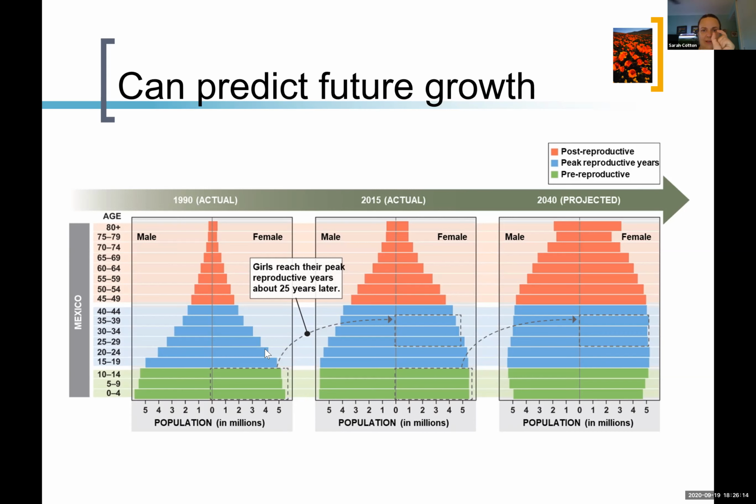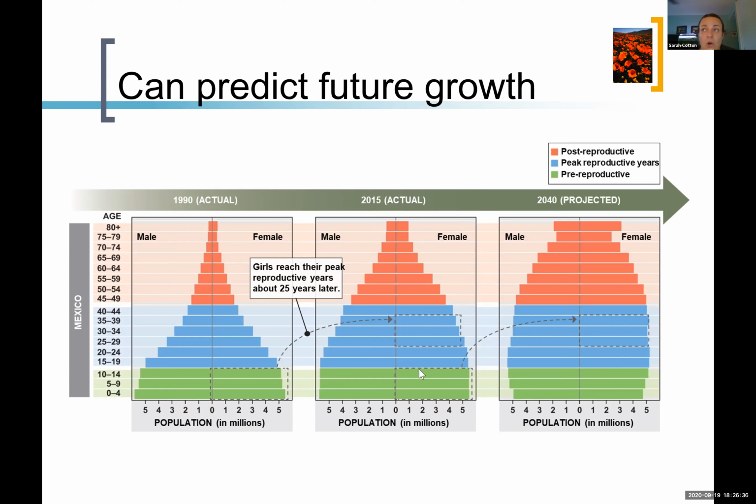So back in 1990, each band, each bar essentially in the prime reproductive years was smaller than it was in 2015. In 2015, all of these bars are wider.